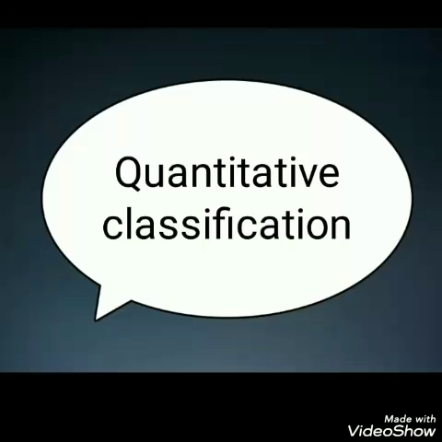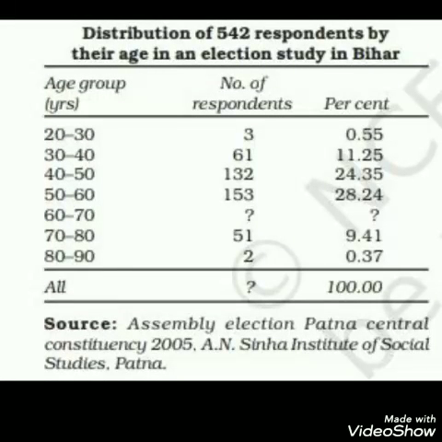Again look at the picture. In this way we take an example of the distribution of 542 respondents by their age in an election study in Bihar. The age group, that means the class interval, is set up according to years: 20 to 30, 30 to 40 and up to 80 to 90.